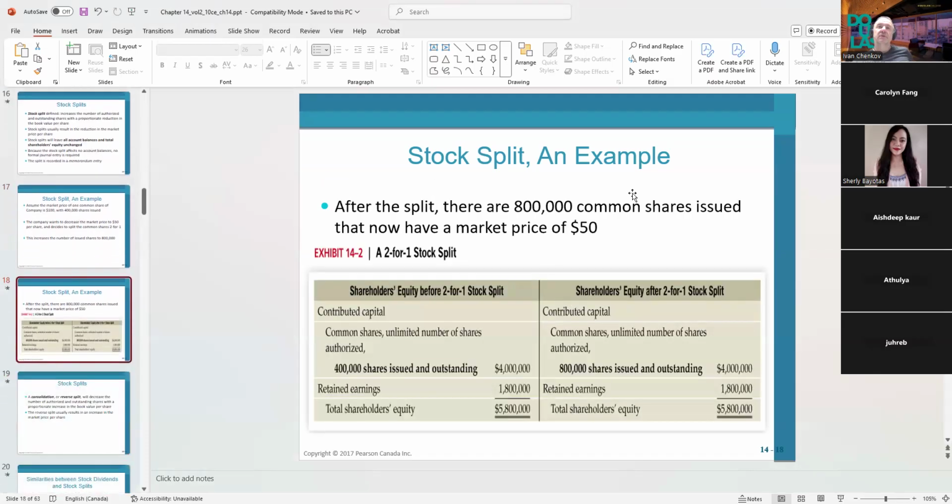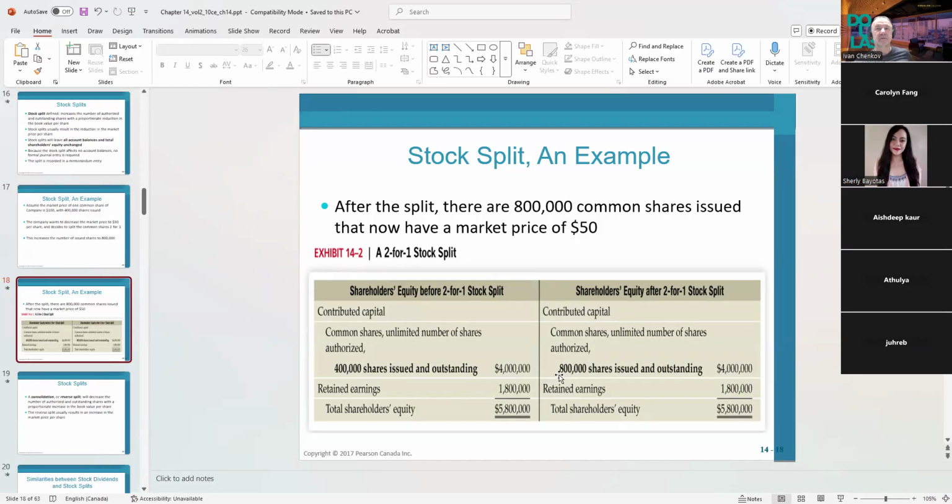Why? So let's see the example here. Before the 2-for-1 stock split, we have total shareholders' equity of $5,800,000: common shares $4 million, retained earnings $1.8 million. After the stock split, we still have common shares totaling $4 million, but the number of shares is different.